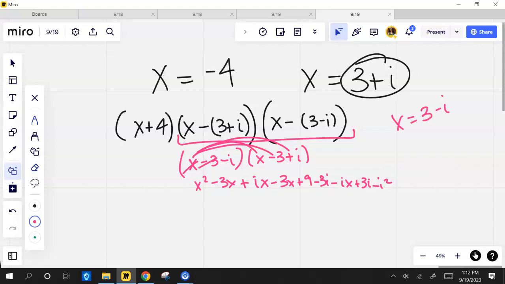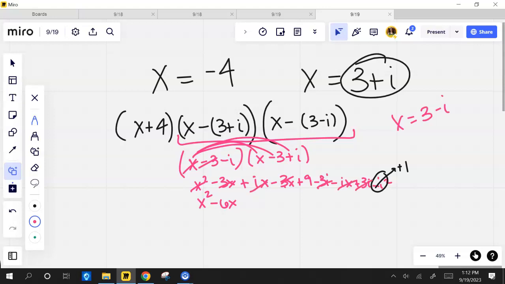Negative 1. Yeah, so that would be plus 1. So this changes to positive 1. Negative 3 and negative 3 is negative 6. So now those are done. This one's done. The ix's cancel out.